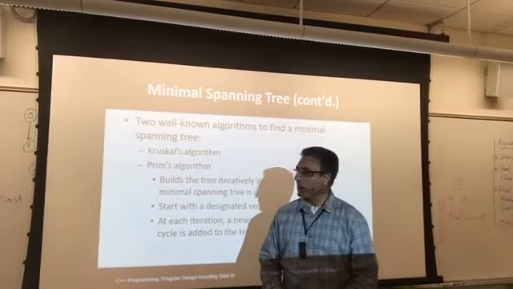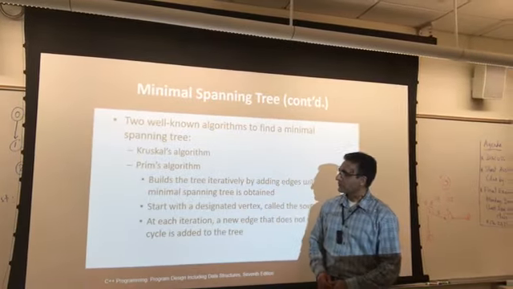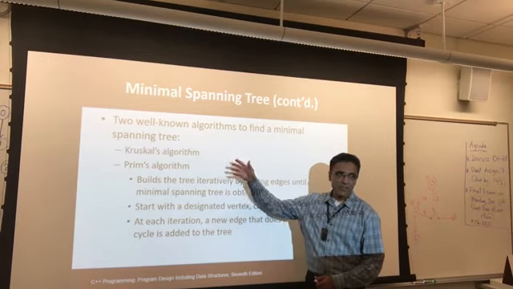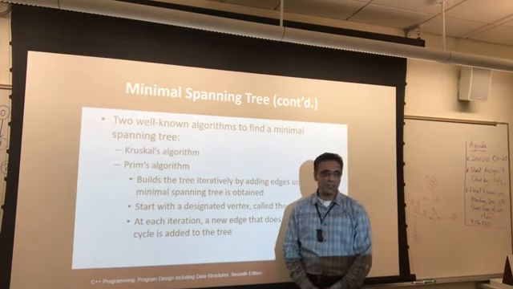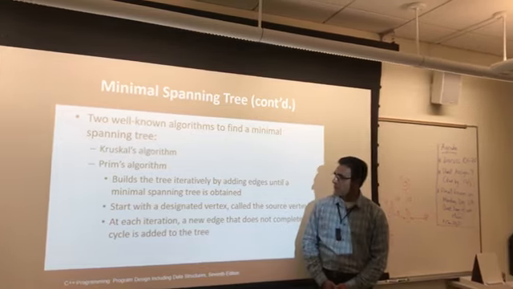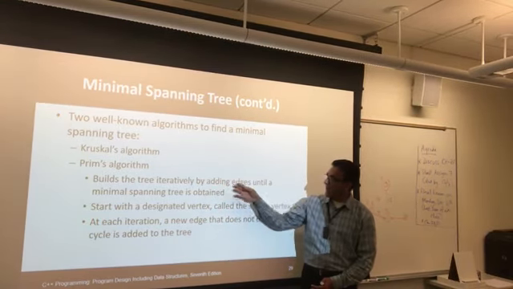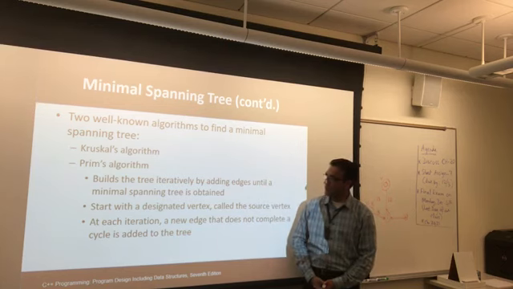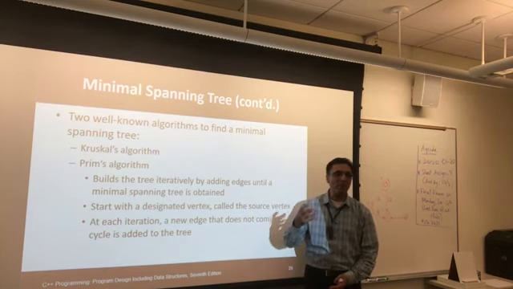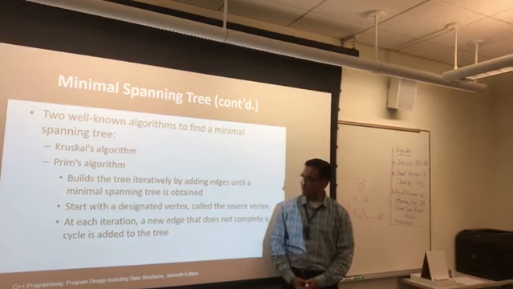So there are 2 well-known algorithms to find the minimal spanning tree. Some mathematicians developed those algorithms. You can build the tree iteratively by adding edges until a minimal spanning tree is obtained, which means minimum weight is obtained.